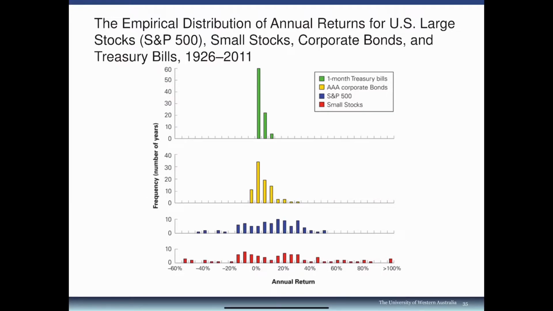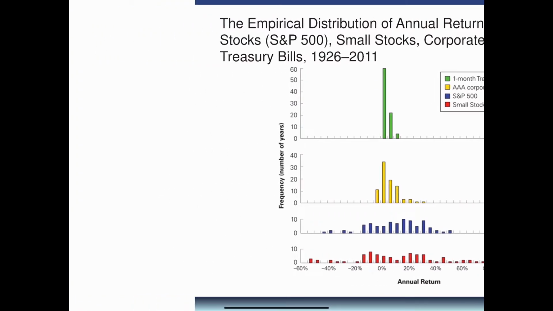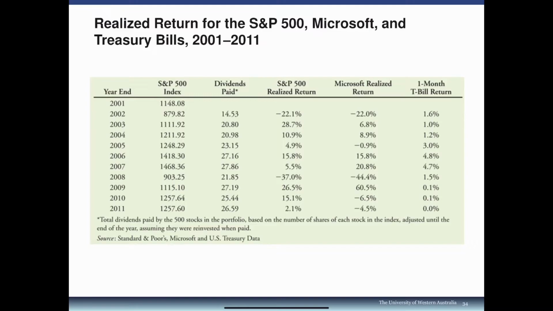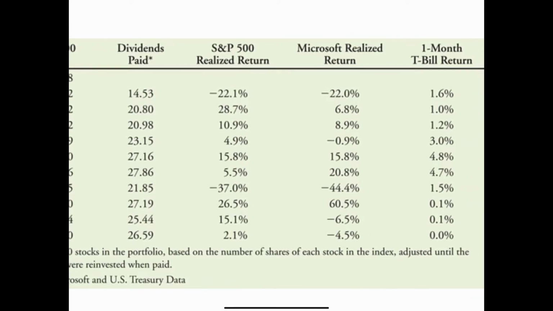For this 11-year period, I have 10 different return numbers, right? You can say, okay, for Microsoft, for example, the return ranges between minus 44.4%, the lowest, to the highest, 60.5%, right?